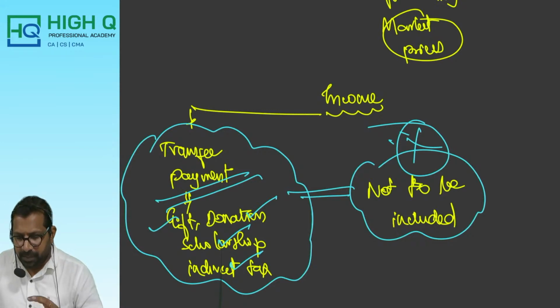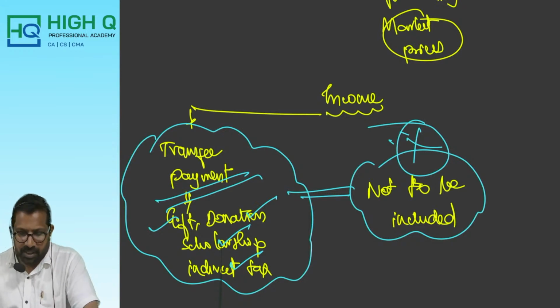So the precautions under these three methods of calculating national income, any of them you can expect in your examination. Either they will ask the question under the product method, or the income method, or the expenditure method. So first one is transfer payment.